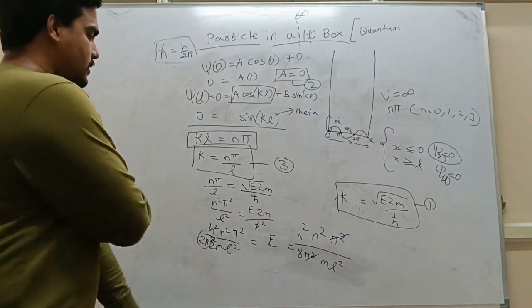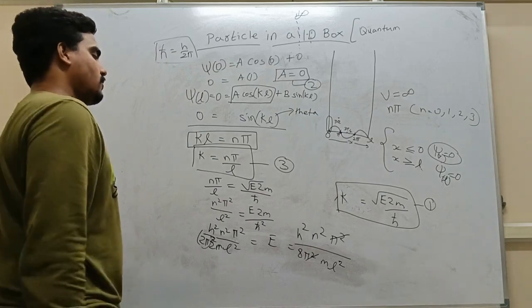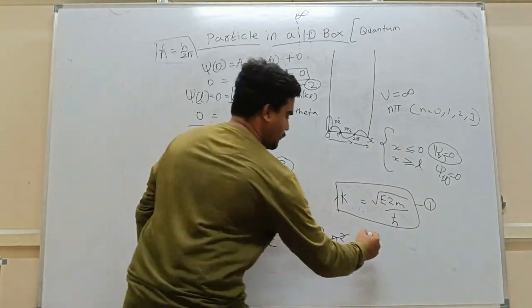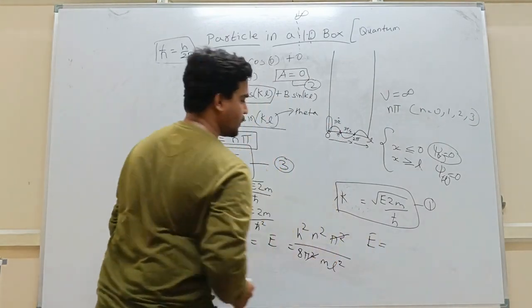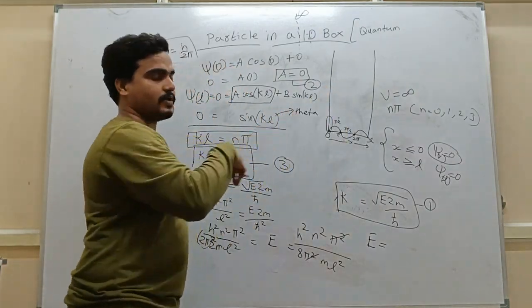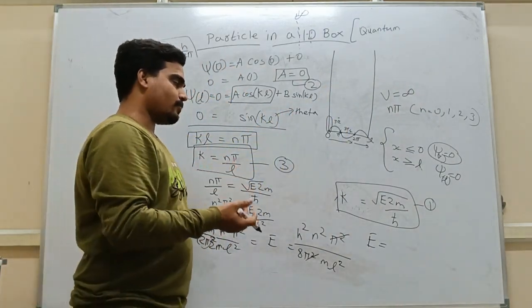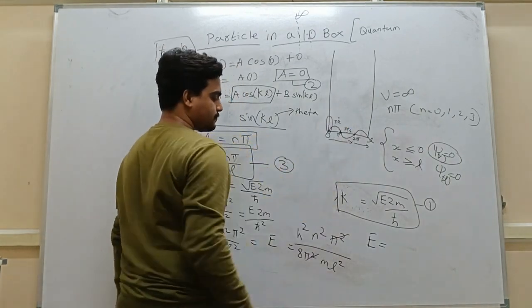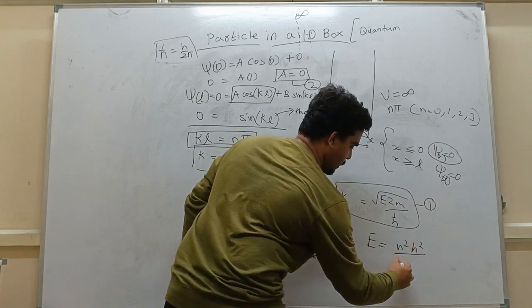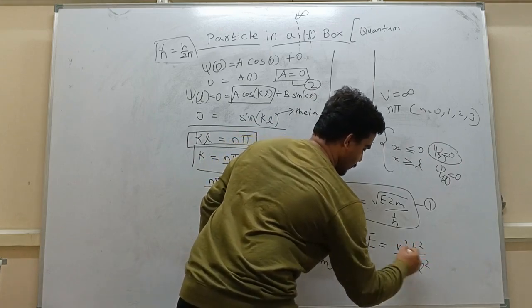So we will finally get the expression or the formula for the energy of our particle in this one dimensional box. So now we have got the value of E, that is nothing but the total energy of the particle in the one dimensional box. Since we were interested in finding the total energy of the particle in our one dimensional box, the final equation is n square h square upon 8 m L square.